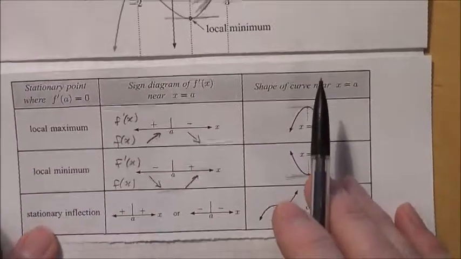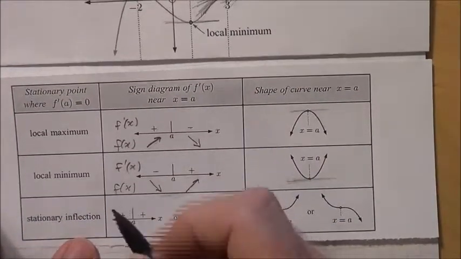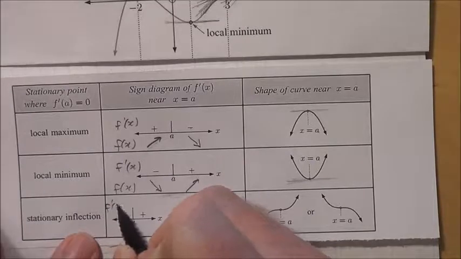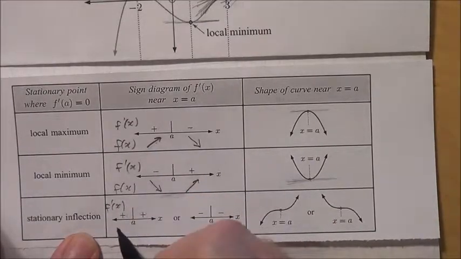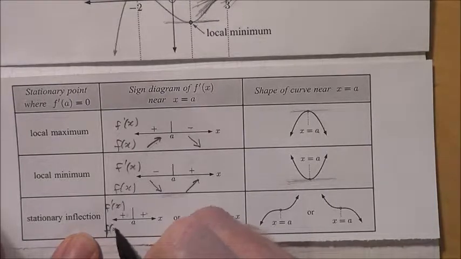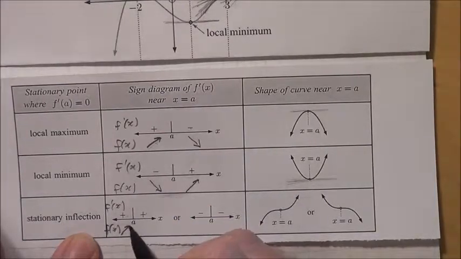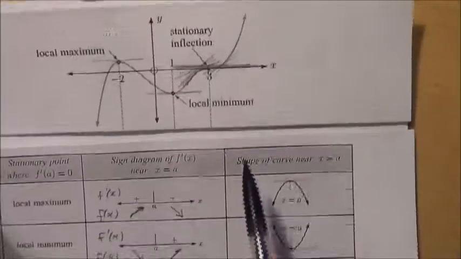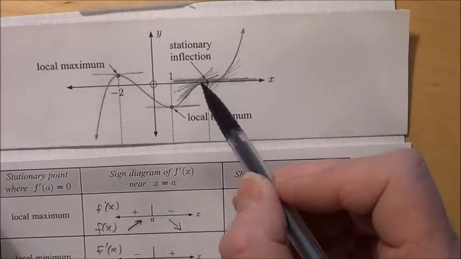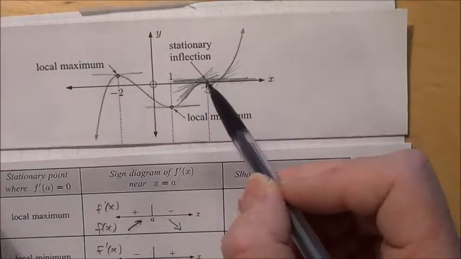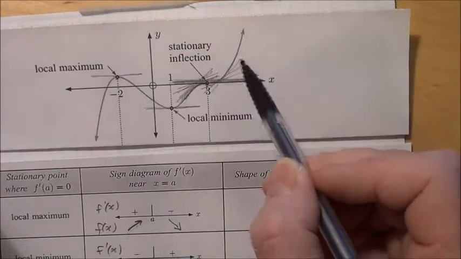And then for a stationary inflection point, we see that where the derivative function, the gradient function, is positive on both sides, that means that the function itself is increasing on both sides. Like in this graph, the function is increasing here, and then it goes to 0. It doesn't increase right there, and then it continues increasing.